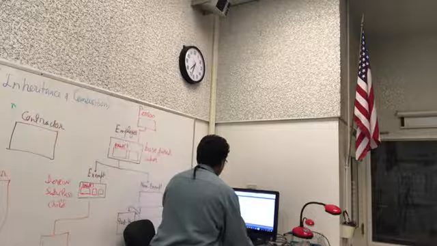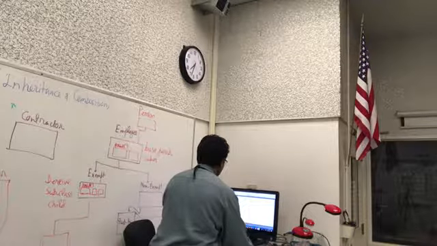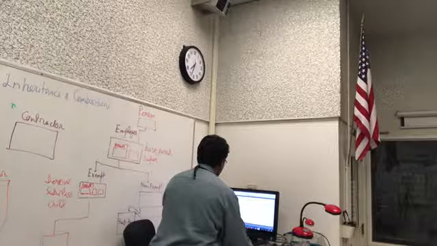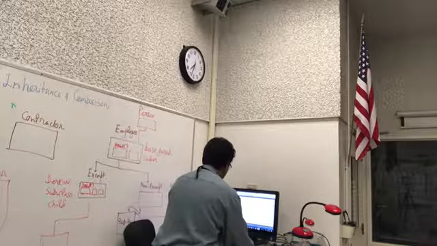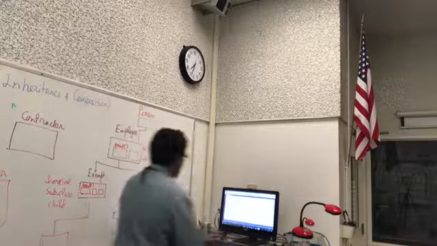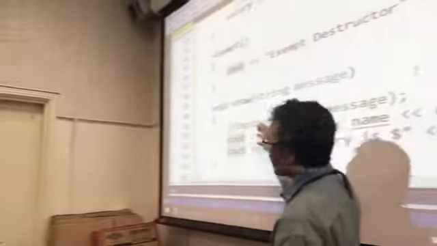Here it is. So if I want to access this name directly, I would like to access the name directly in my derived class. It's already telling me it's an error. Let's look at the error message.